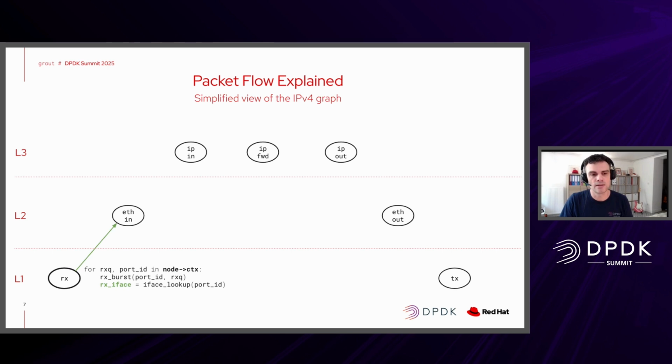It will then send the packet to Ethernet input, since for now we only handle Ethernet. And the Ethernet node will pop the Ethernet header, possibly the VLAN as well. And it will send the packet to IP if the Ethernet protocol is IPv4. Otherwise, it will send it to another node.